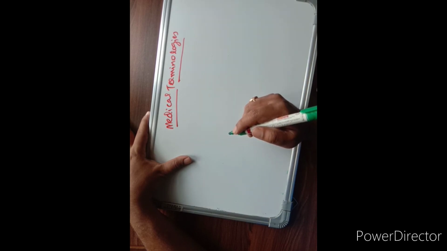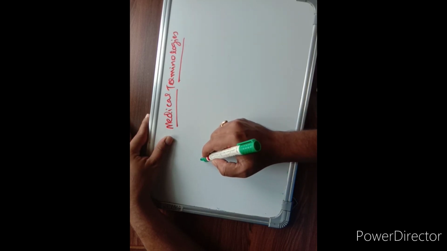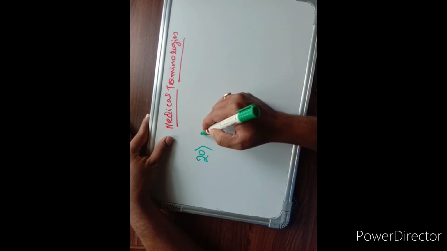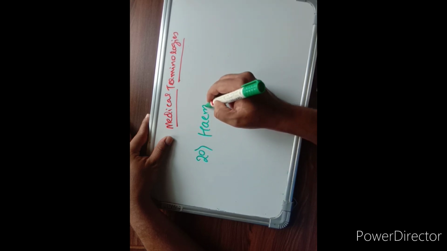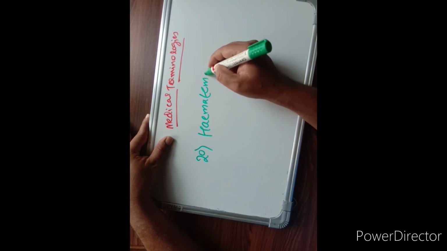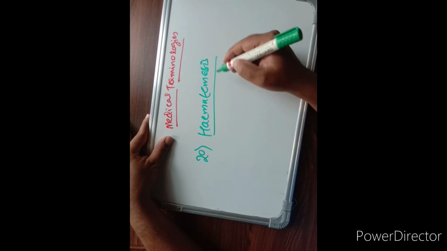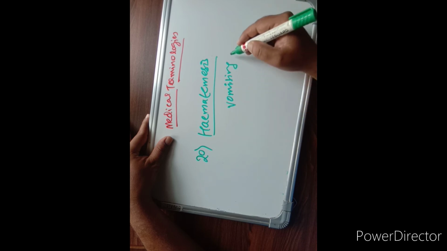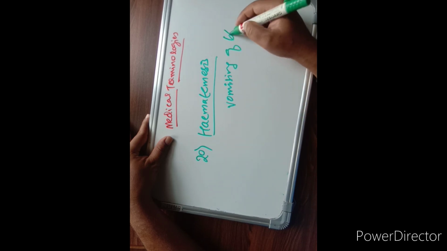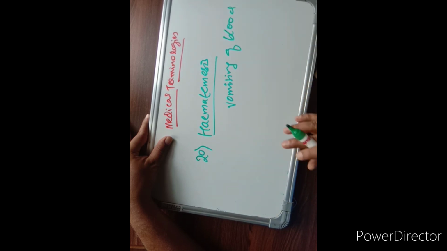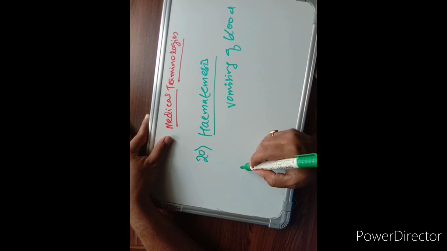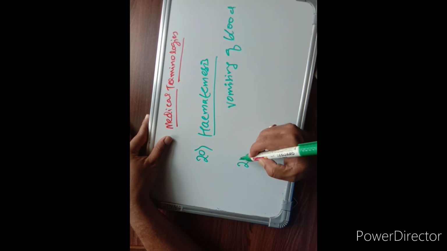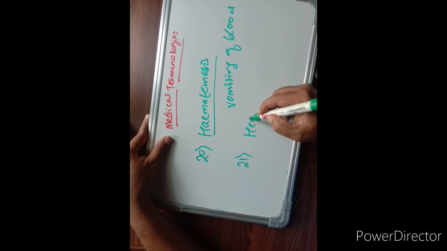Next one is hematemesis. Hematemesis is nothing but vomiting of blood. Whenever the patient vomits blood, it is known as hematemesis. Next one is hemoptysis.